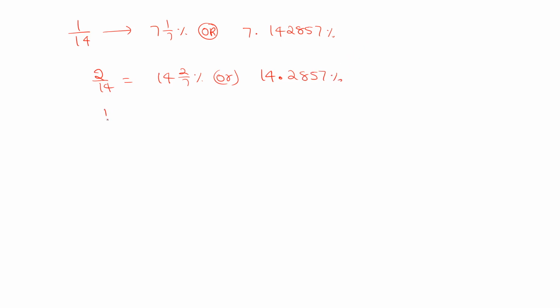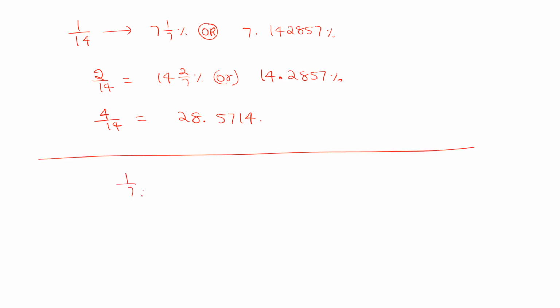If we need the value of 4 upon 14, just multiply 7 with 4, that is 28, and take the 4 decimal places after 28, that is 5714, and so on. Have you observed the patterns of 1 upon 7, 1 upon 14, 1 upon 9, and 1 upon 11? Please note down. These are very important percentage conversions.